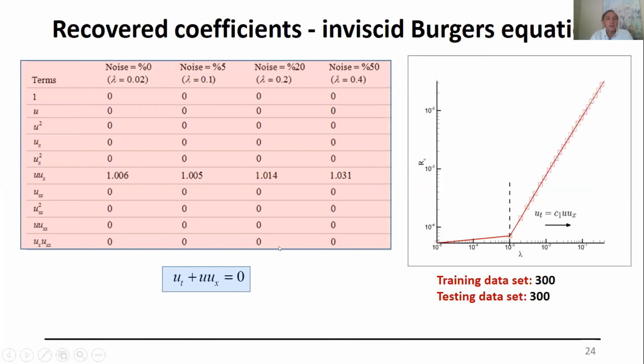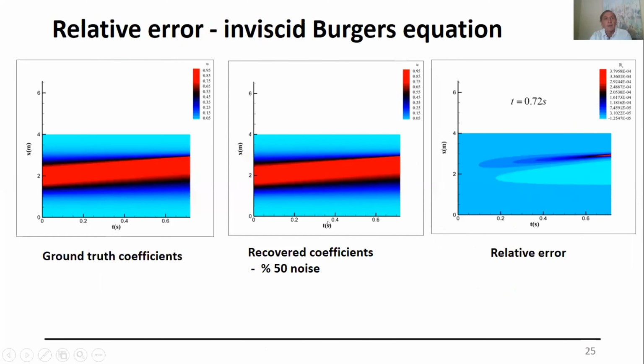And as you can see here, you very successfully capture the unknown coefficient even with 50% noise. And again, I'm showing you the relative error between the ground truth solution with the ground truth coefficients and the recovered coefficients with 50% noise. Again, it's in the order of like 10 to the minus 4 at time step of 0.72.